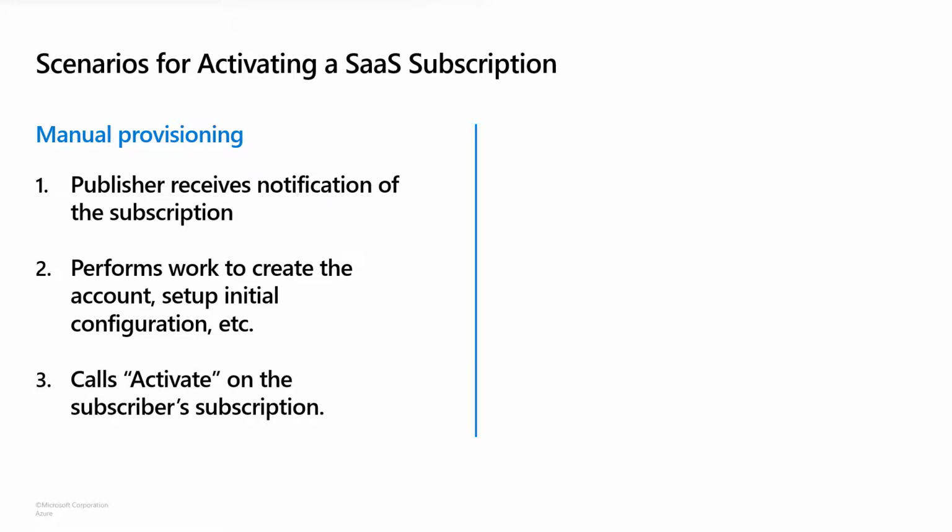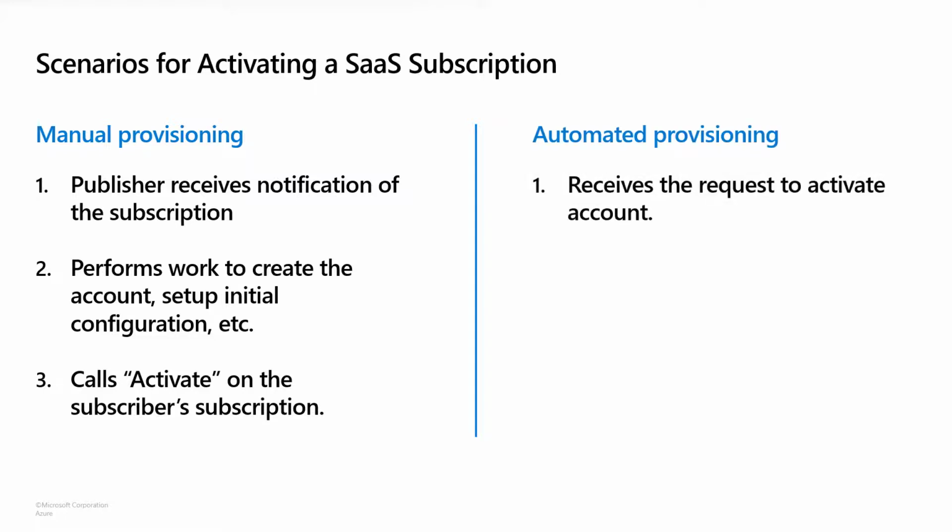And finally, the publisher needs to call the activate endpoint on the SaaS API, using the subscriber's subscription. This is an alert to the Azure billing system that we can start billing for the product and that it's active and Maria can use it.